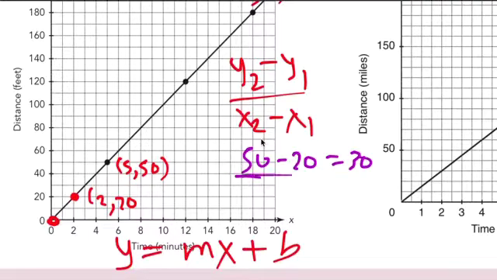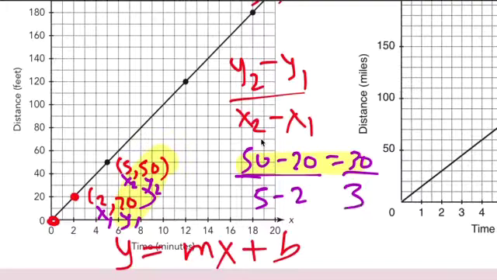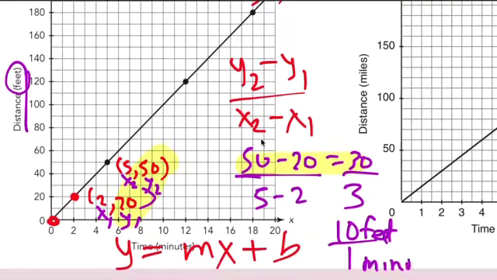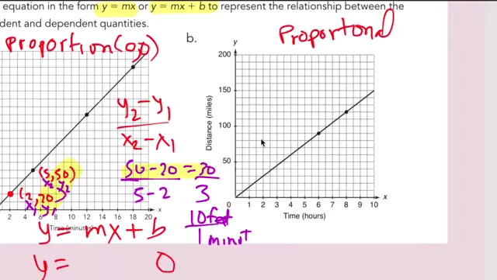And then 5 minus 2. This is x sub 1, y sub 1, x sub 2, y sub 2, okay? The x's are the other two. Over 3, so it's 10 feet every 1 minute. It's going up 10 feet every 1 minute.